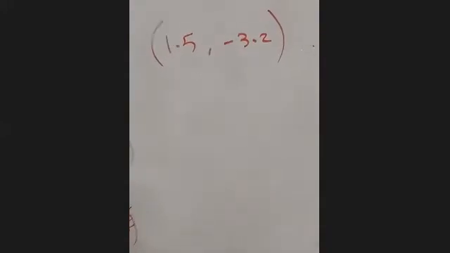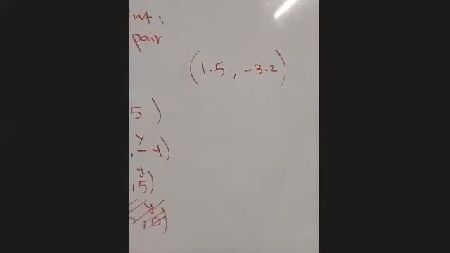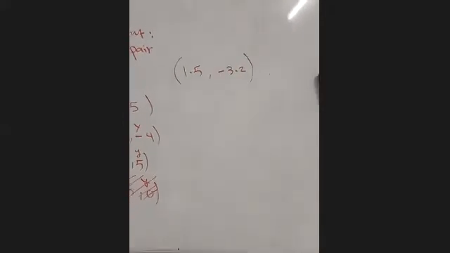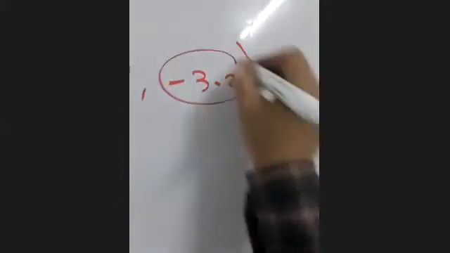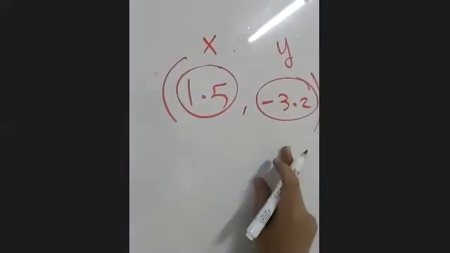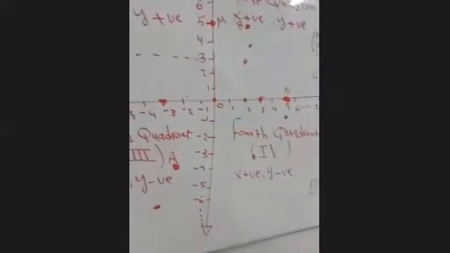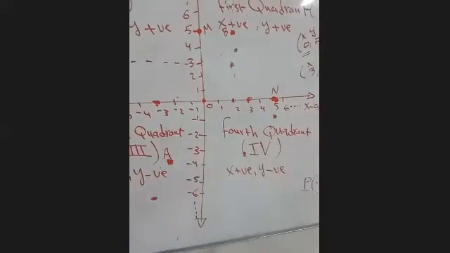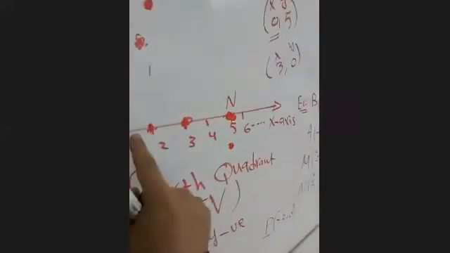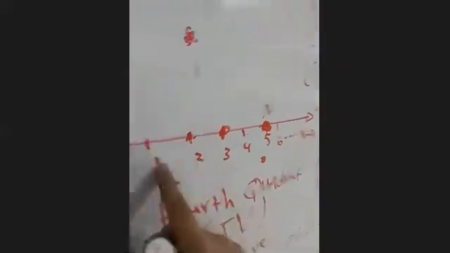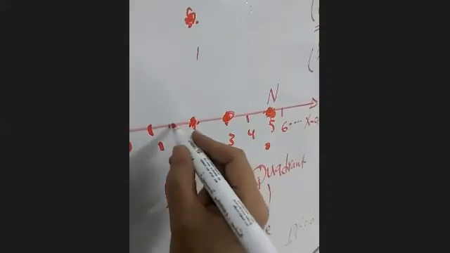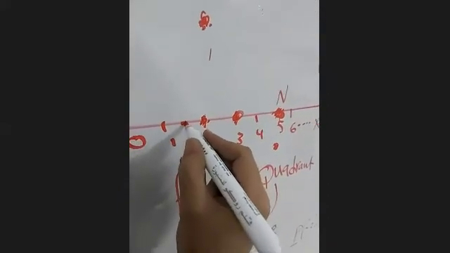If we have this point, what's x? X is 1.5. What's y? It is at -3.2. Do I have 1.5 here? No, but 1.5 is between 1 and 2, so I will start here at the middle.